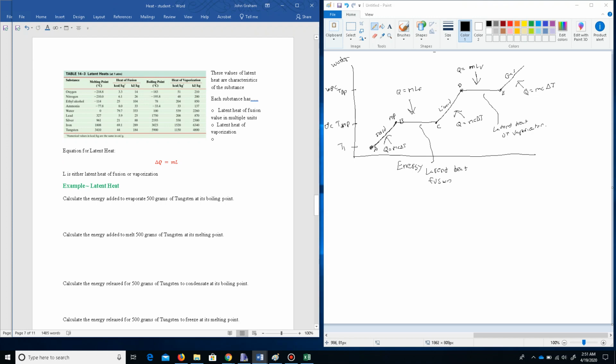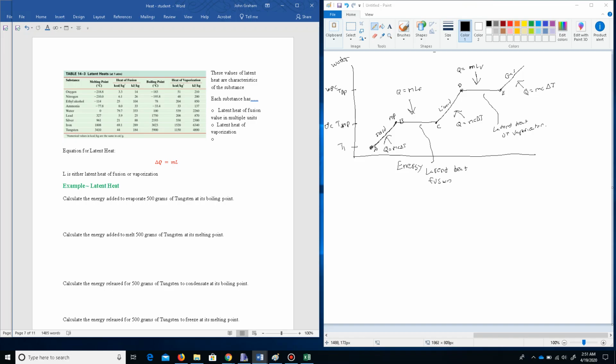Right? So this is actually a very simple equation, and it only gives the latent heat of fusion and the heat of vaporization as positive numbers. Now, if we were going backwards in this, and we were going from a gas to a liquid, these LV and LF would be negative.